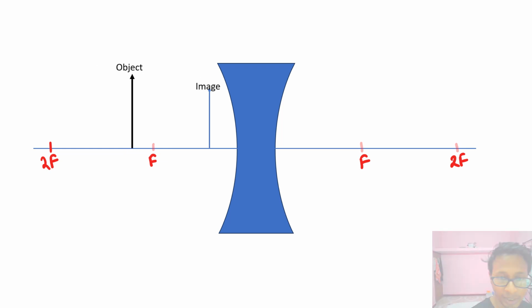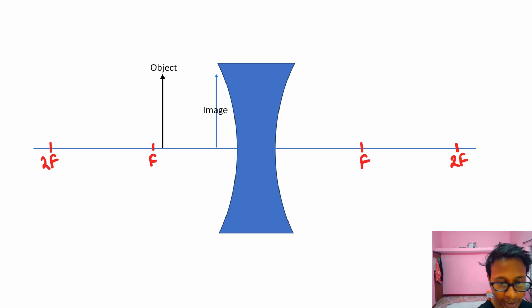And gradually the object slid from minus infinity to this point. The image started at focus and slid towards the pole. So as the object goes from infinity to pole, the image will go from focus to pole.